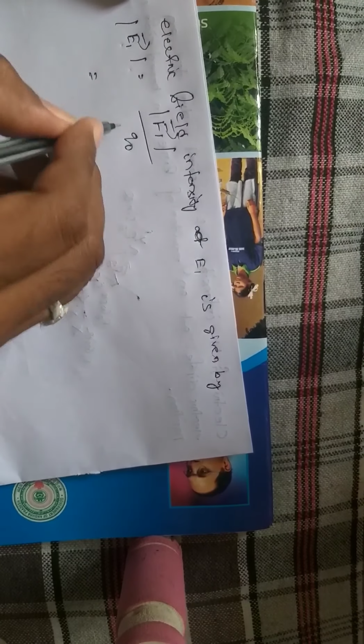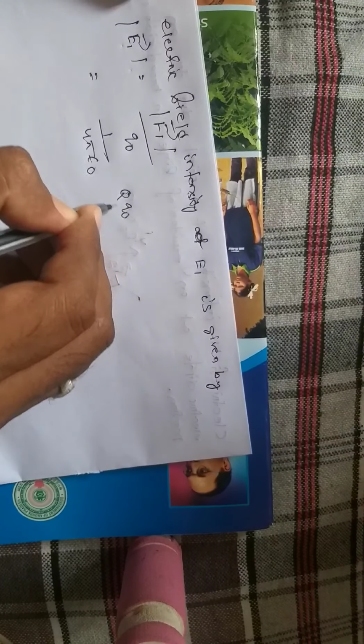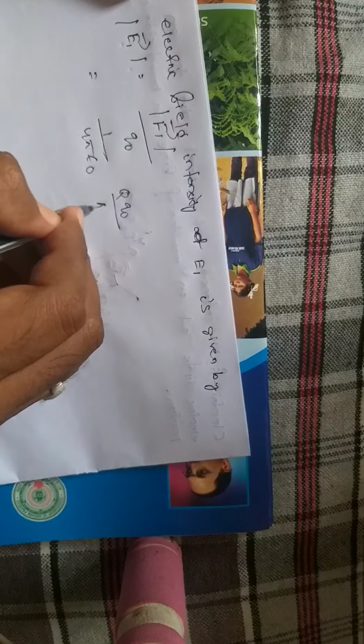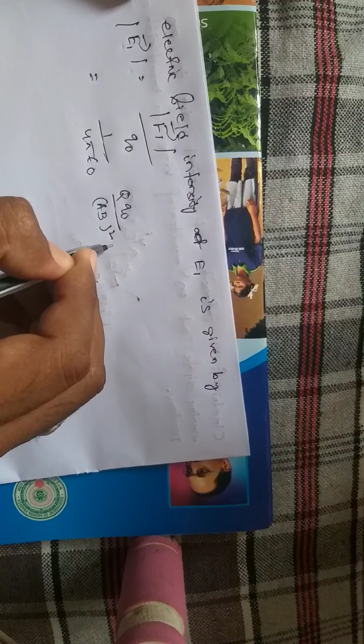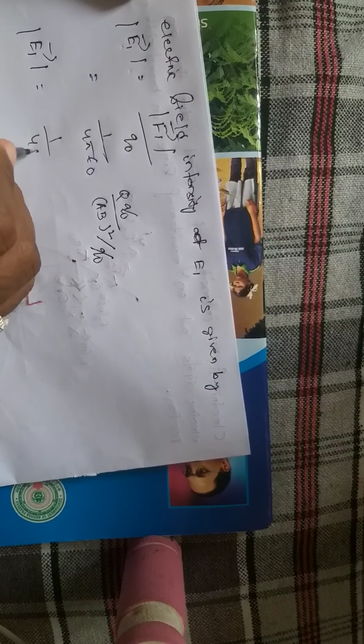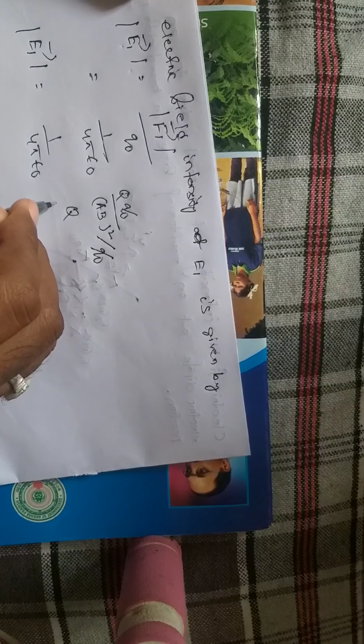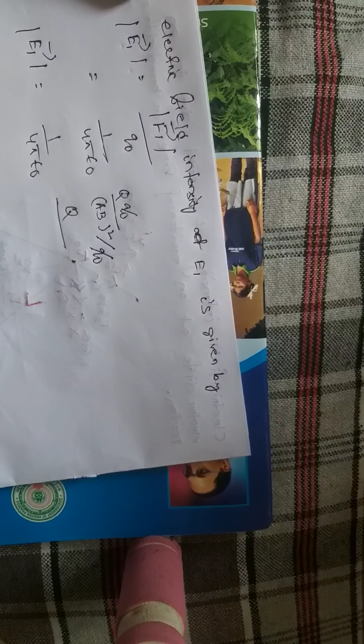So here you write 1 by 4 pi epsilon naught, q naught by AB square, into 1 by q naught. That means q naught divided by q naught cancels out. So E1 equals 1 by 4 pi epsilon naught, q divided by AB square.